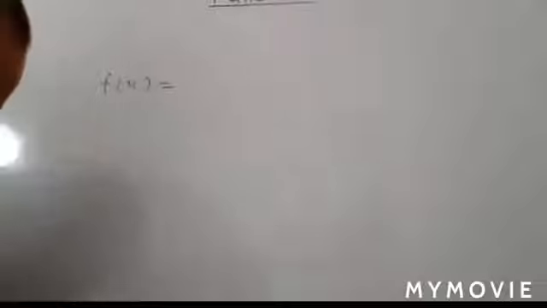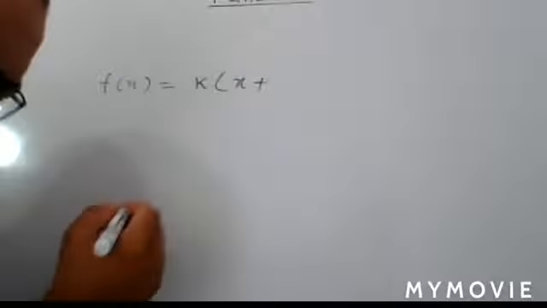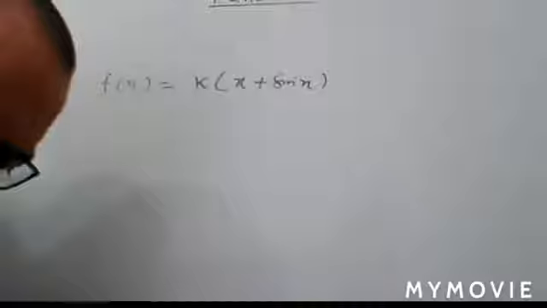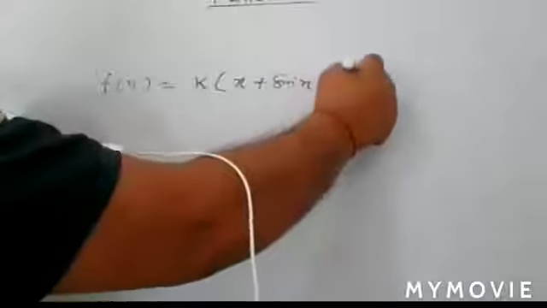Here your question is, for what value of k is f(x) = k times (x + sin x) plus k increasing. Okay.